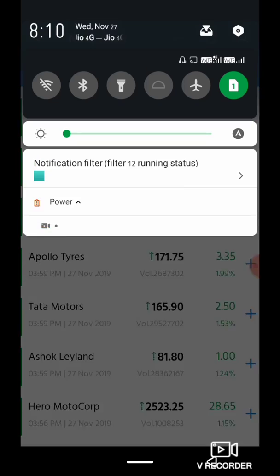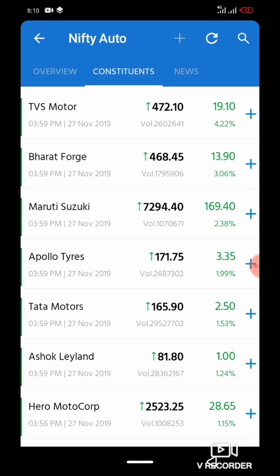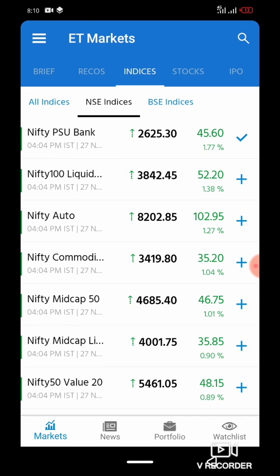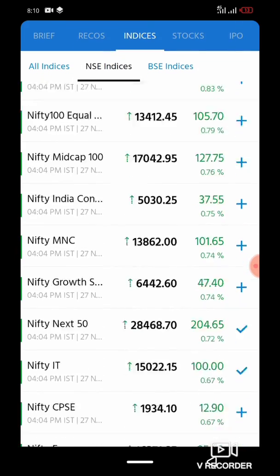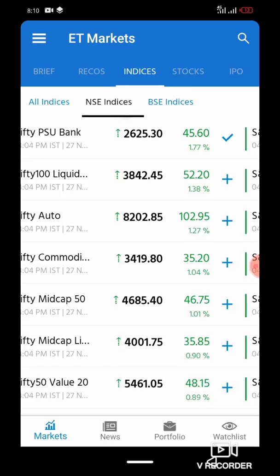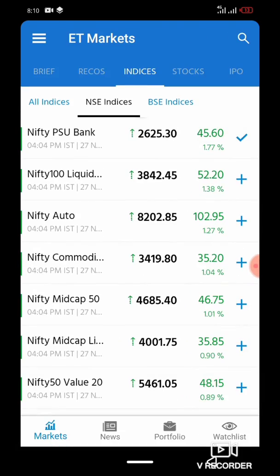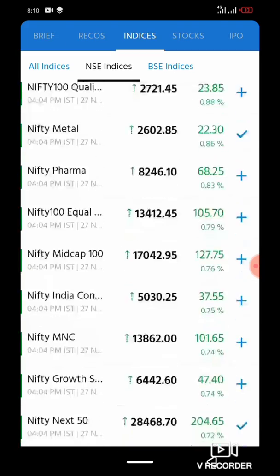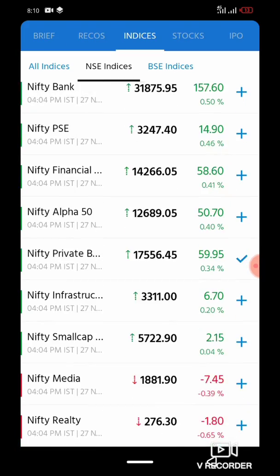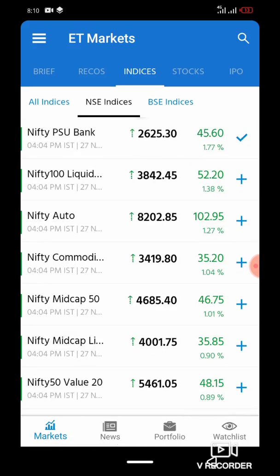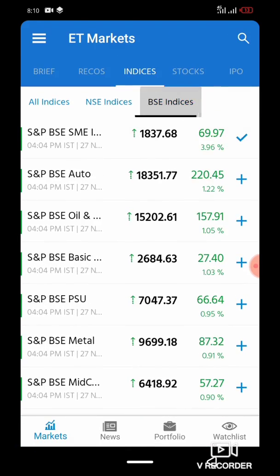You're not going to select any downside thing, like if the sector is in downtrend, you're not going to buy any stock. You're going to buy only the sector which is too positive for the day. Okay, you see these are all positive today, but you see these media and realty. So you have to buy according to this.